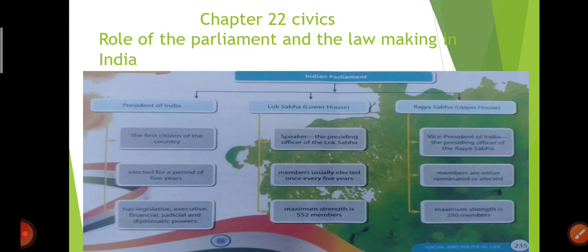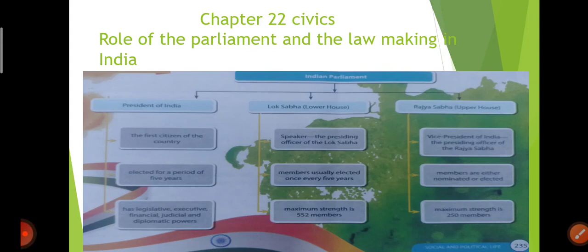The Rajya Sabha is also known as the Council of the States. It can have a maximum of 250 members. 12 members out of these are nominated by the President of India for their eminence in various fields such as music, art and literature.